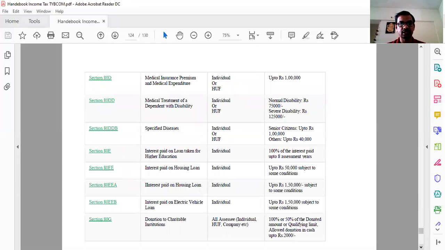The next section is section 80D. It relates to medical insurance premium and medical expenditure. Individual or HUF can invest under this. Medical insurance premium up to rupees 25,000 is deductible in the case of a normal individual, and up to rupees 50,000 is deductible if the individual is a senior citizen, meaning more than 60 years old.